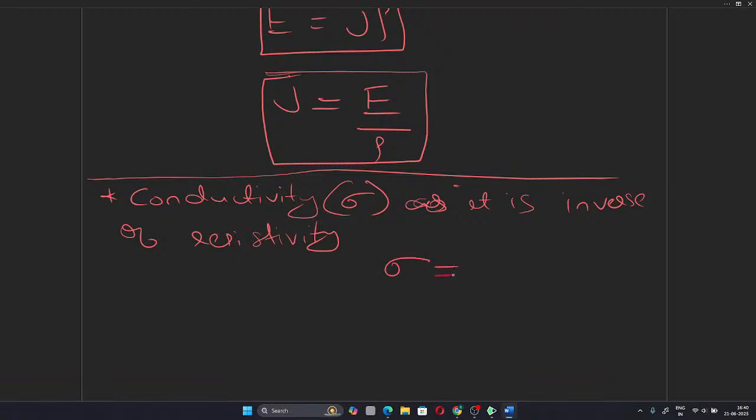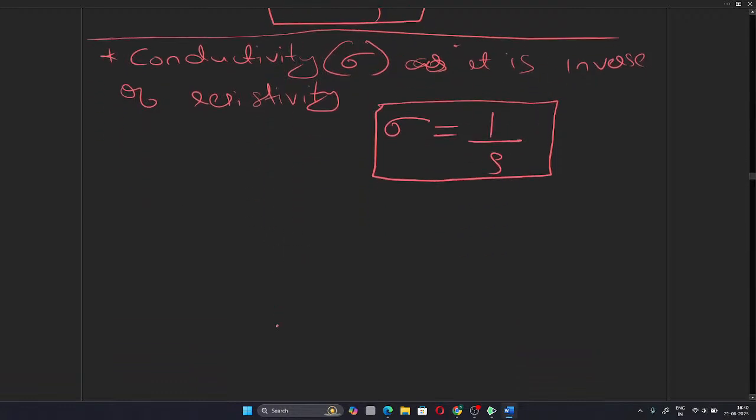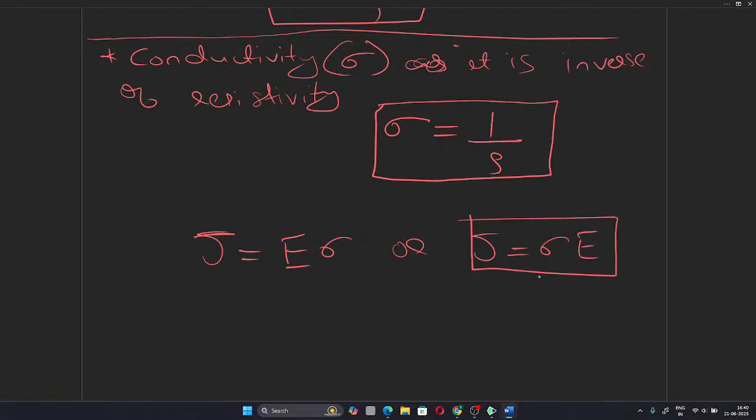So sigma equals 1 by rho, in which case J equals E sigma, or J equals sigma E. This is the final answer for current density.